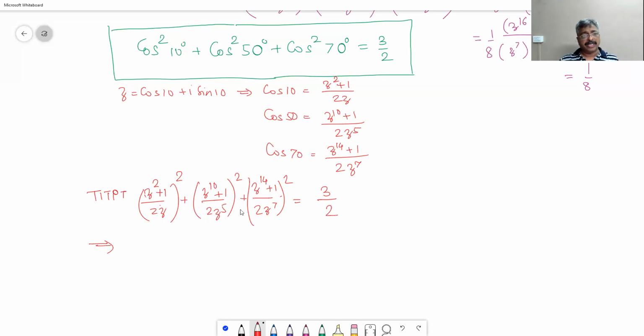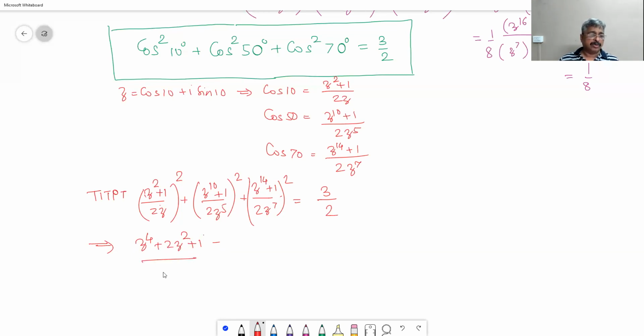This 2 is going to get cancelled, so we need not worry about 2. The numerator here is going to be z raised to 4 plus twice z square plus 1. This is the numerator of this.